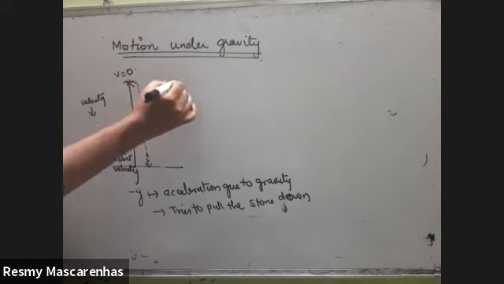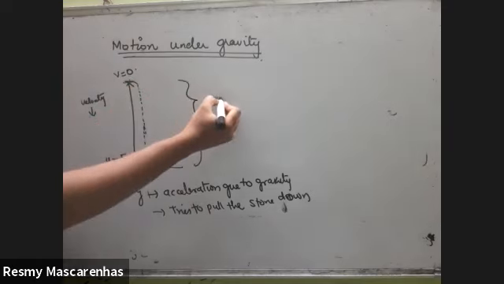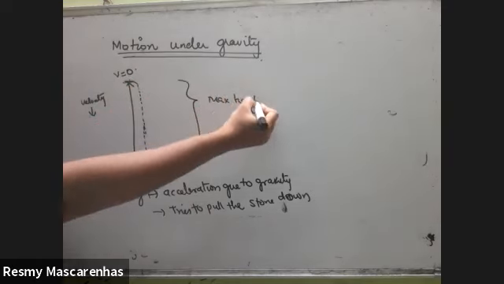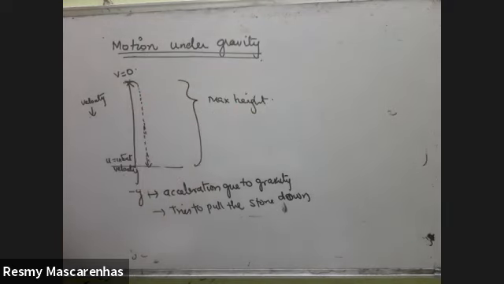And this whole thing is called the maximum height. Sometimes they'll ask in the problem to calculate the maximum height. So it's nothing but the distance from the initial point to the last point where this stone stops going upwards and then starts coming back. That is called the maximum height.